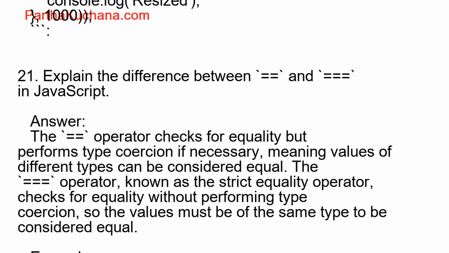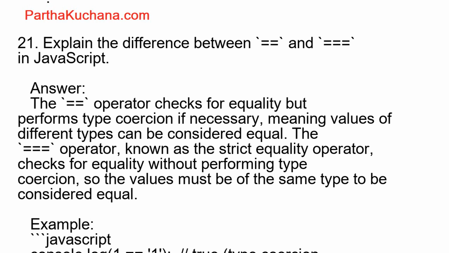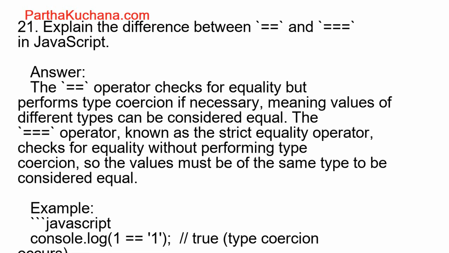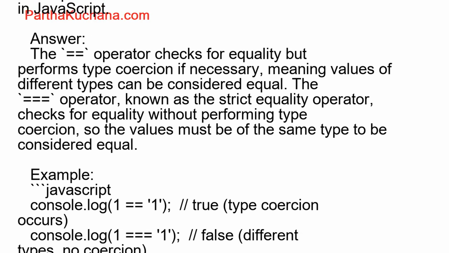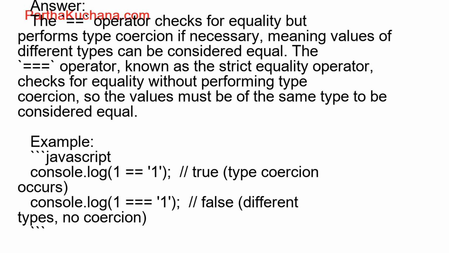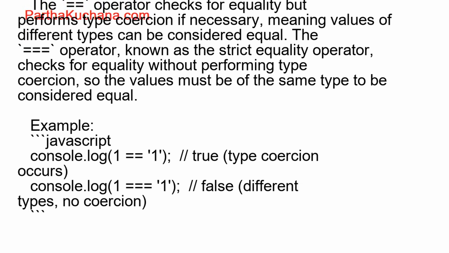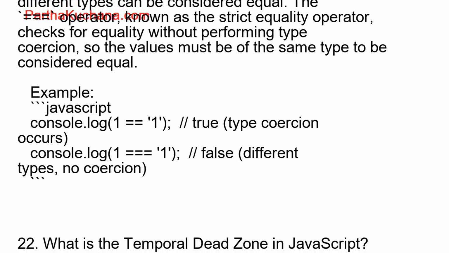24. What is the typeof operator and how does it work? Answer. The typeof operator returns a string representing the type of the operand. It's commonly used to check primitive types such as number, string, boolean, and undefined. However, for null, it returns object, a well-known quirk, and for functions, it returns function.